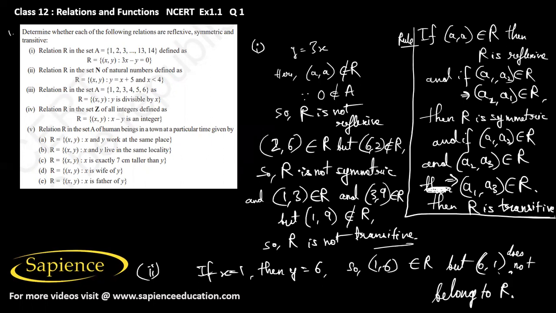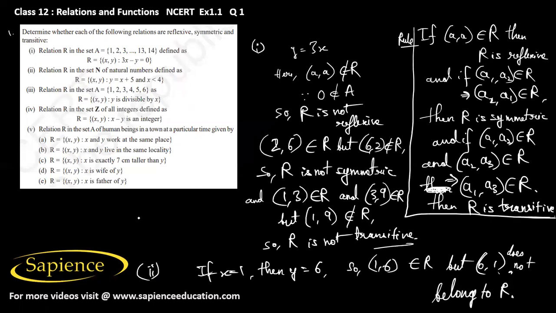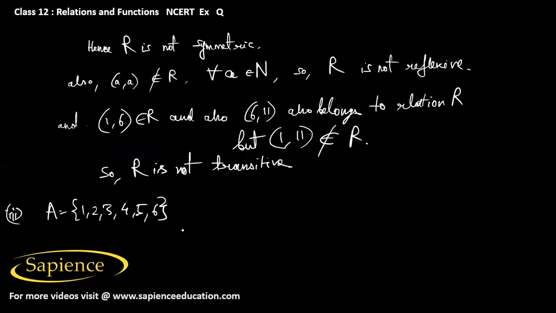Then the third one, y is divisible by x. Here A is {1, 2, 3, 4, 5, 6}, and y is divisible by x.